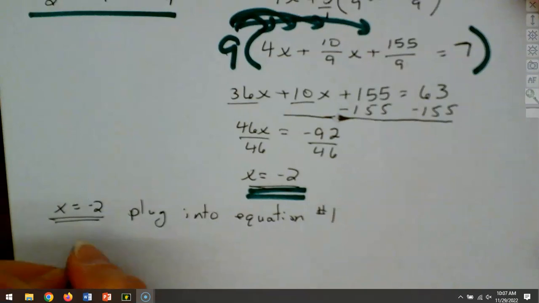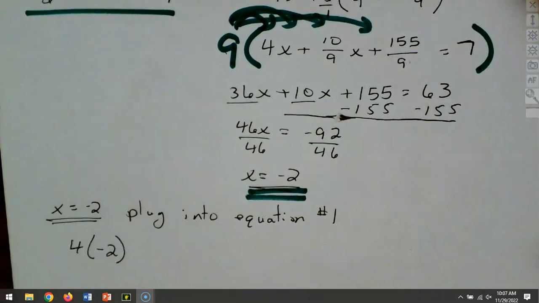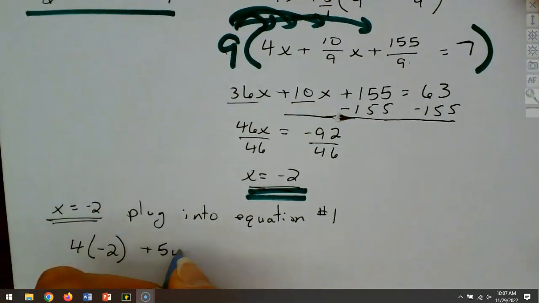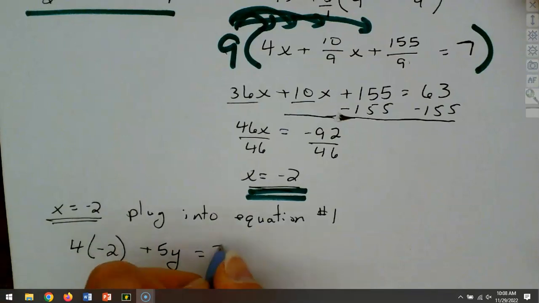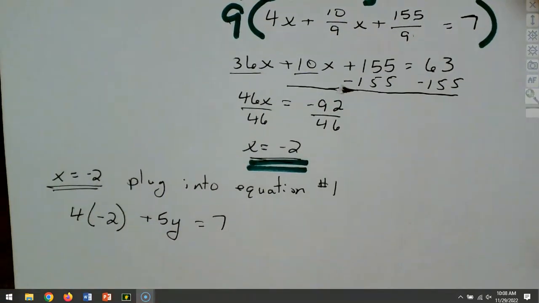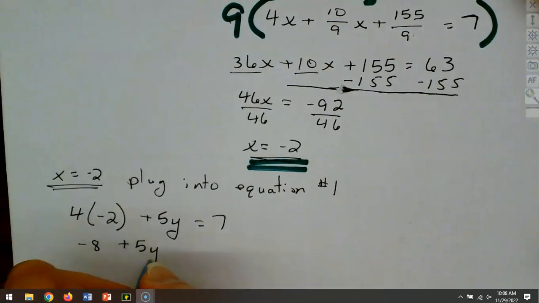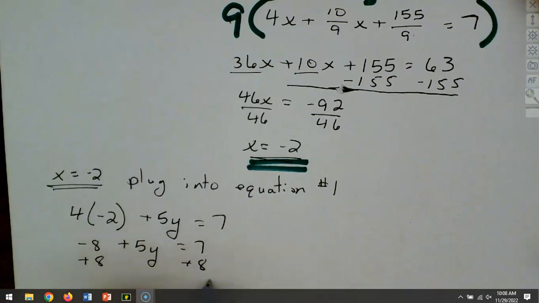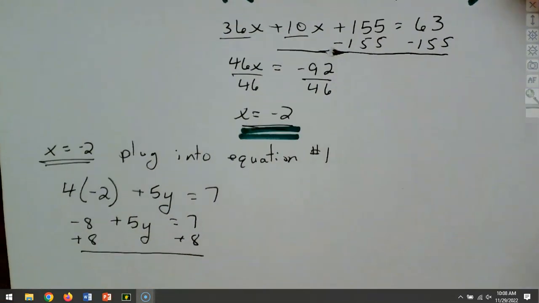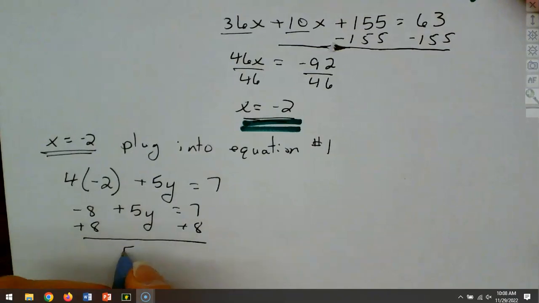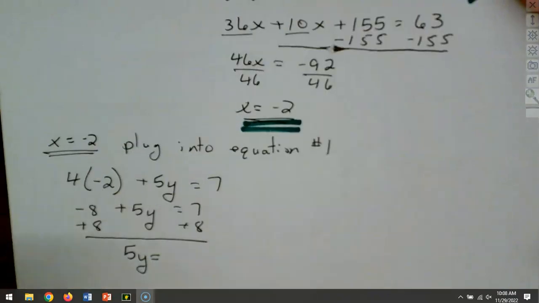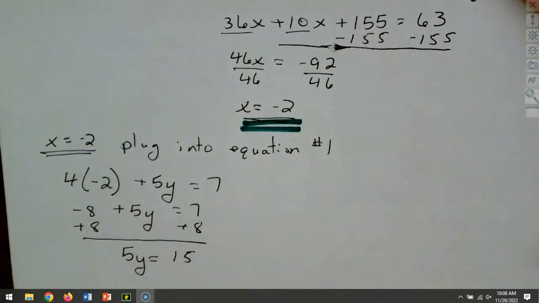And so that is then 4 times a negative 2 plus 5y equals 7. And 4 times a negative 2, well, that's a negative 8. Plus 5y equals that 7. We'll add that 8 over. And we're almost finished here, because now we've got 5y equals 15.